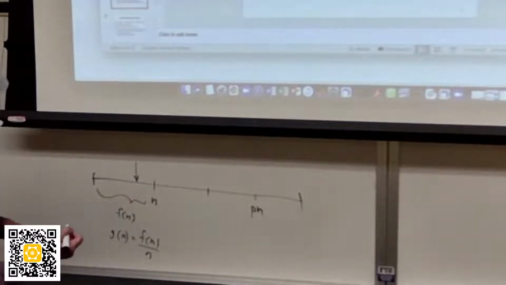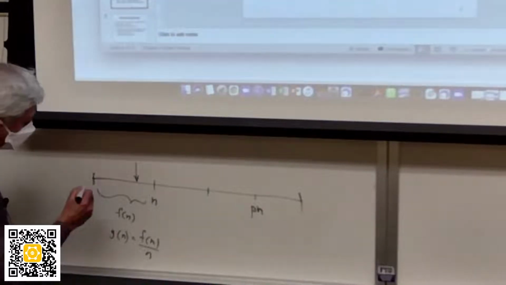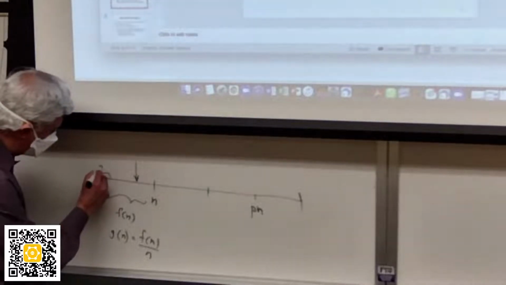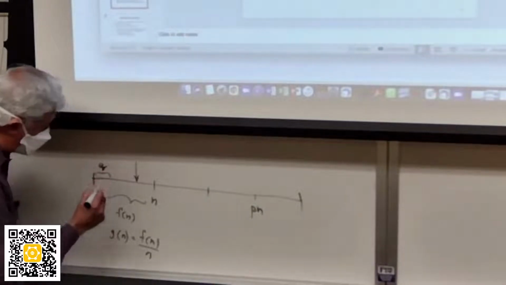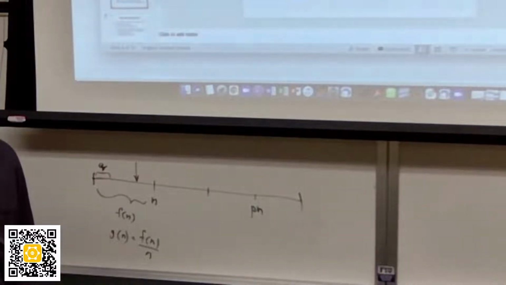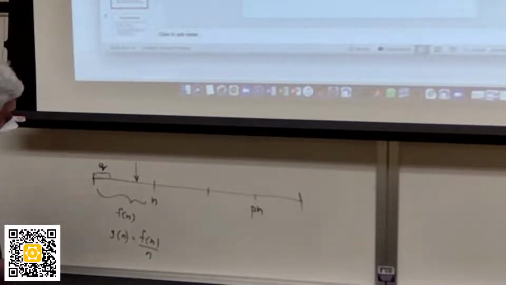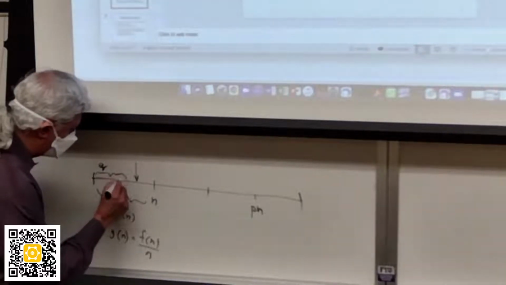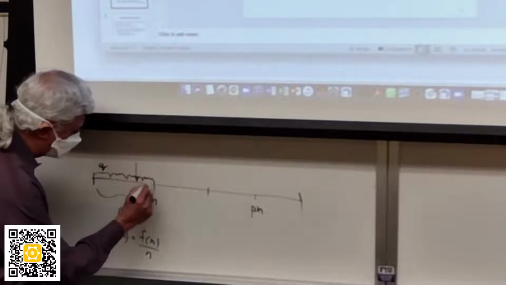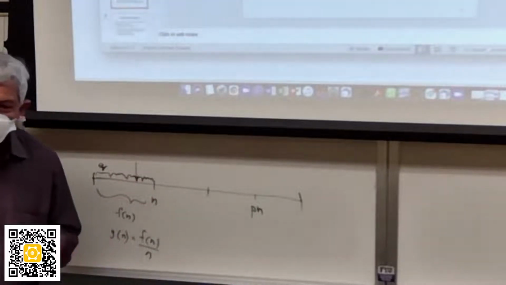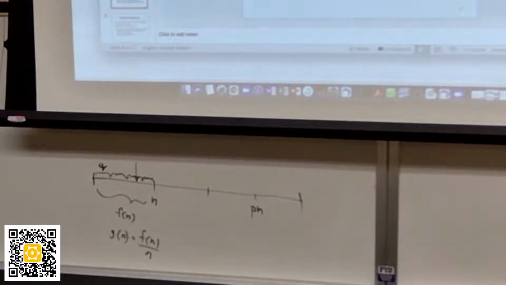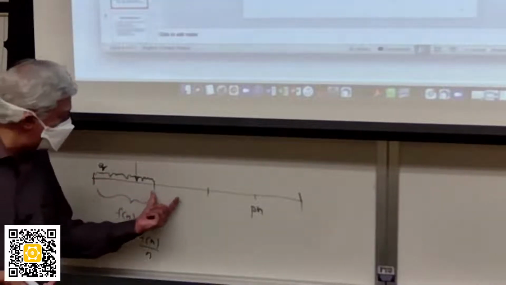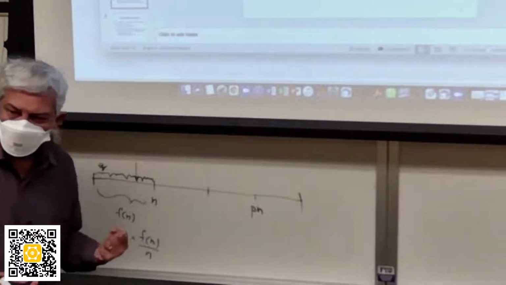So if the common factor is q, that means every q steps you're going to end up at n for sure, because q is a factor of n, right? So that same thing is going to continue here, and here.